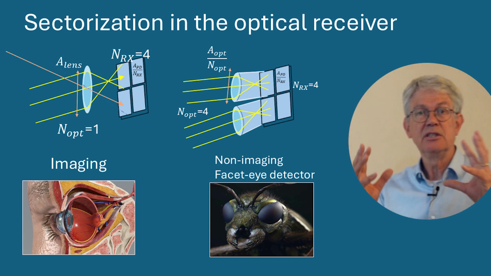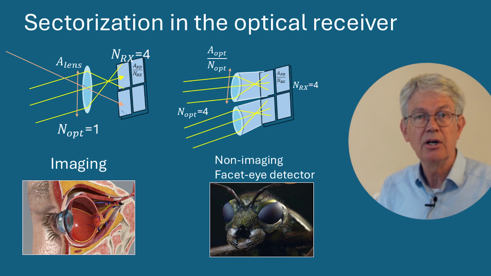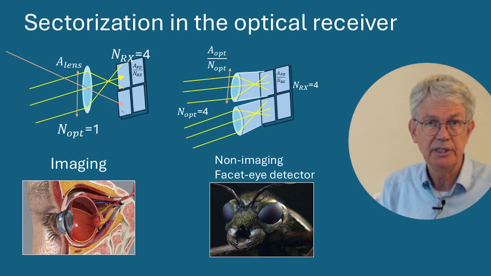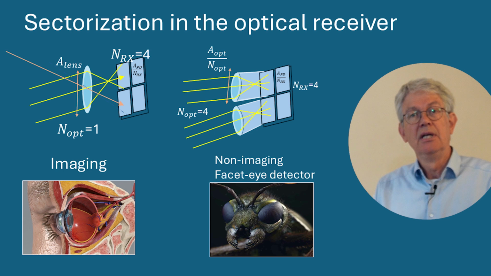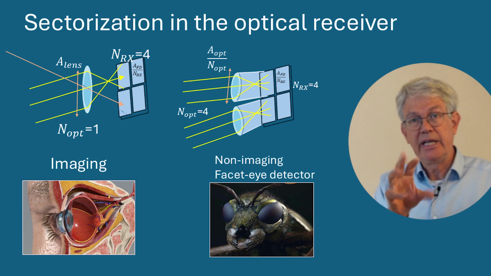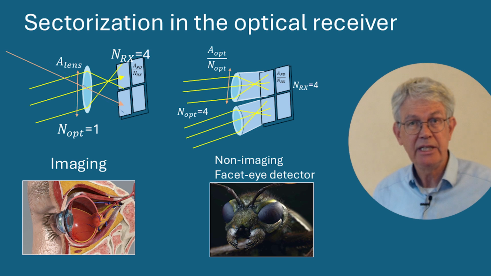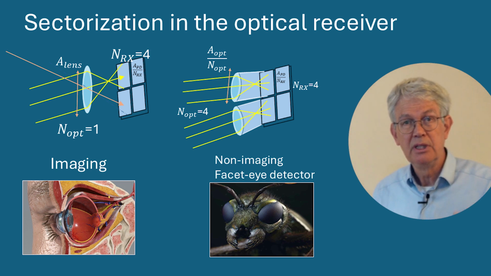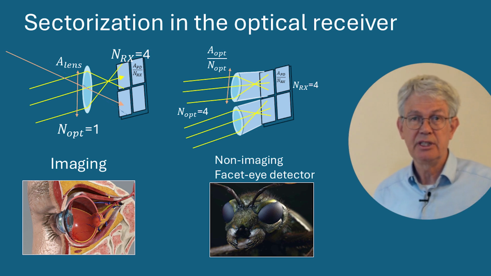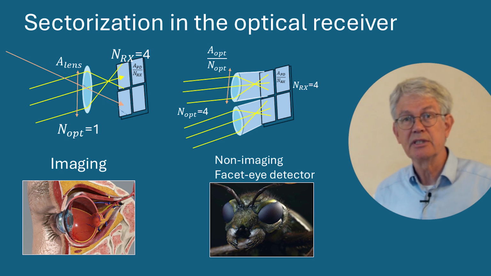So if I split the detector, I can use the full area of the lens, and n optical in this case is equal to 1. But I can still pixelate the detector. So there I can have many detectors that are small, that have a large bandwidth, and that still capture all the light. So that imaging system is pretty attractive.